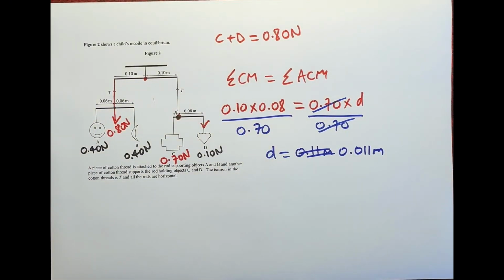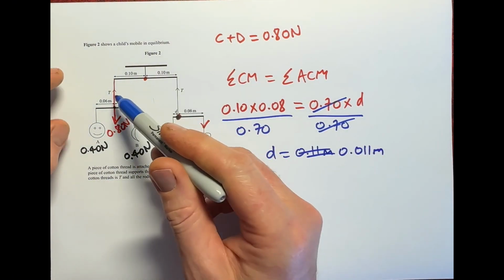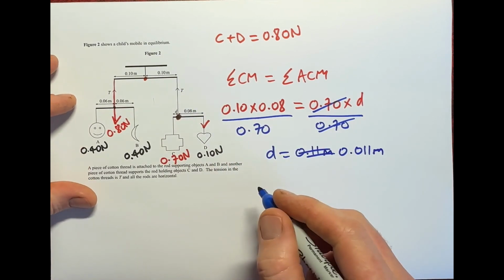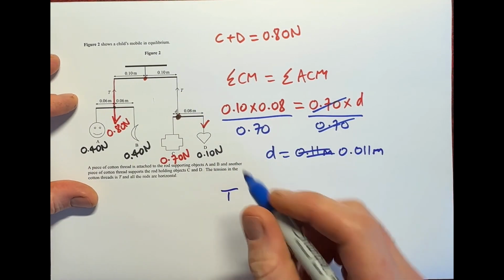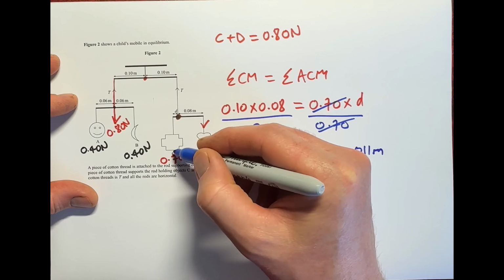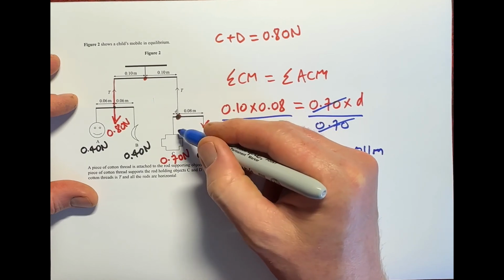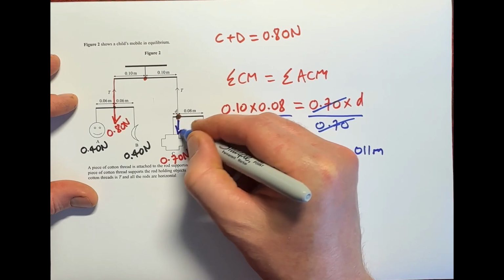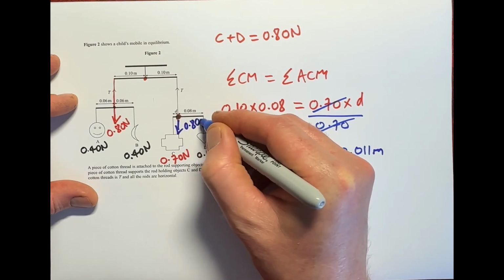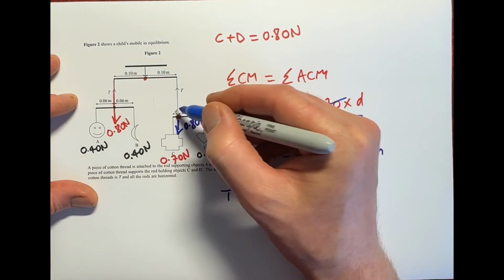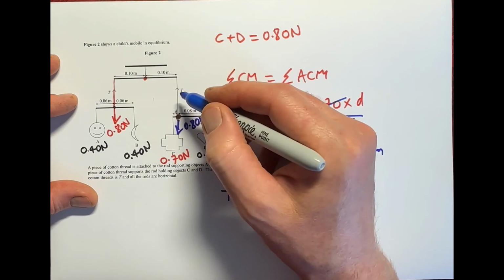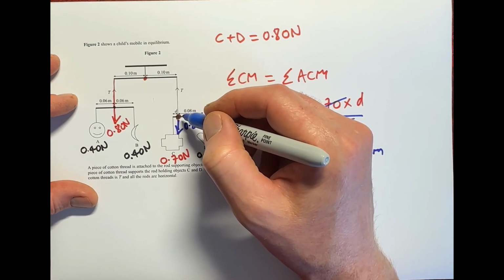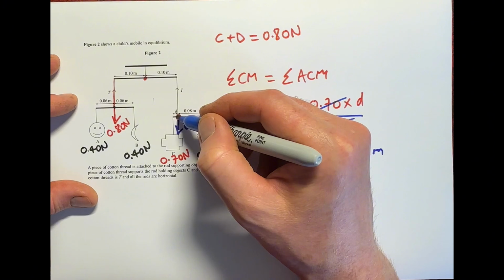Okay. Now the next bit is we want to work out the tension in these strings. So the tension T, well, we've got 0.7 plus 0.1 acting downwards here, so we've got 0.8 newtons acting downwards. Because the whole thing's in equilibrium, the resultant force at this point must be 0.